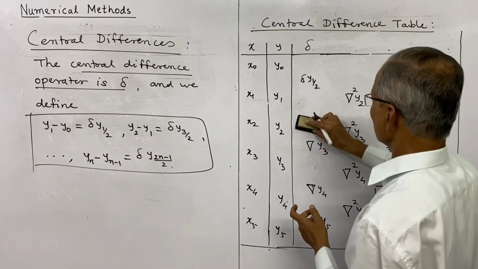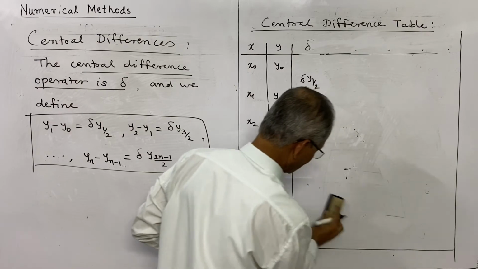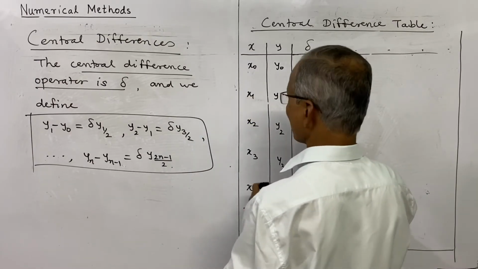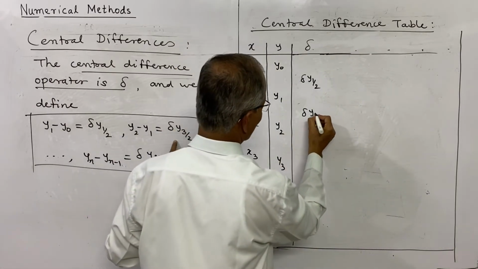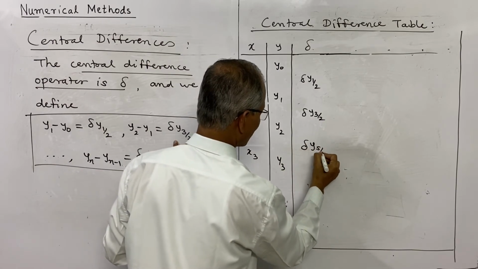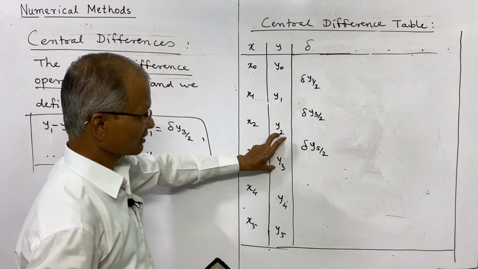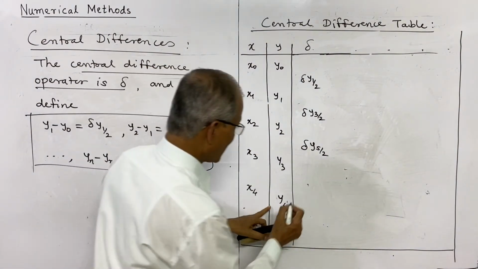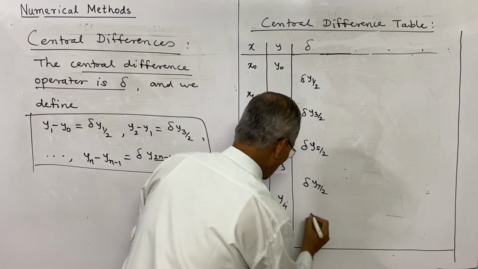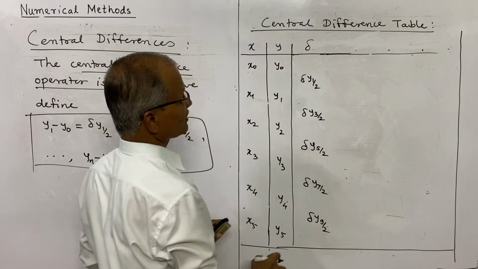And likewise, the difference of y2 minus y1 will be delta y 3 by 2, and this will be delta y 5 by 2, the average of these two, that is central difference, being considered here. And this will be delta y 7 by 2, and this is delta y 9 by 2. These are the first order differences.